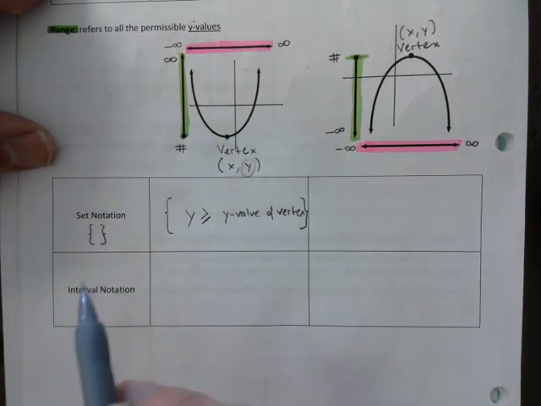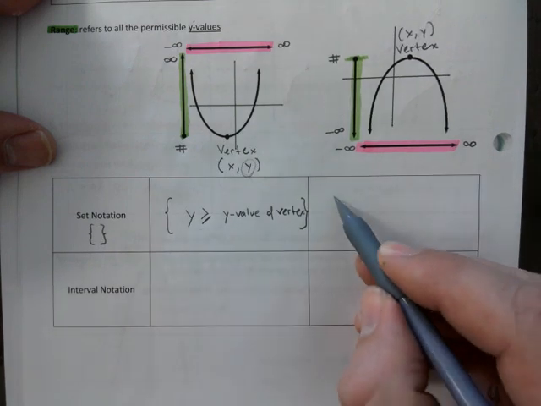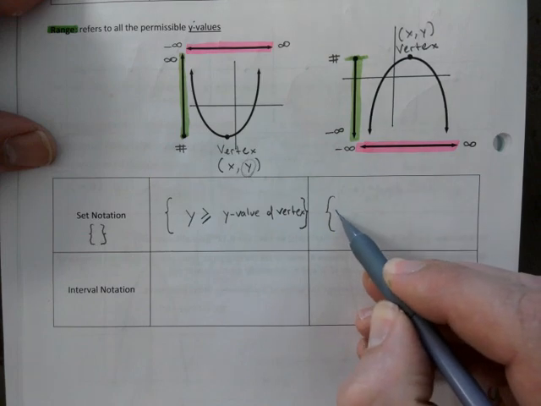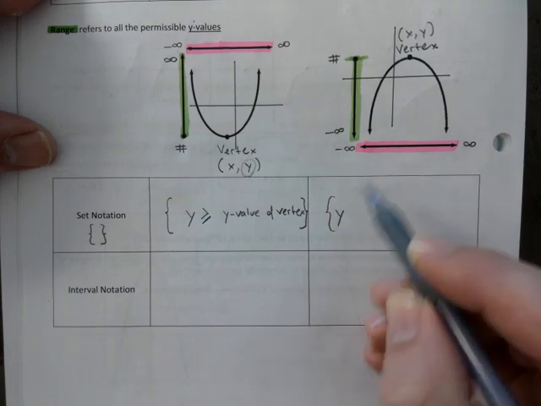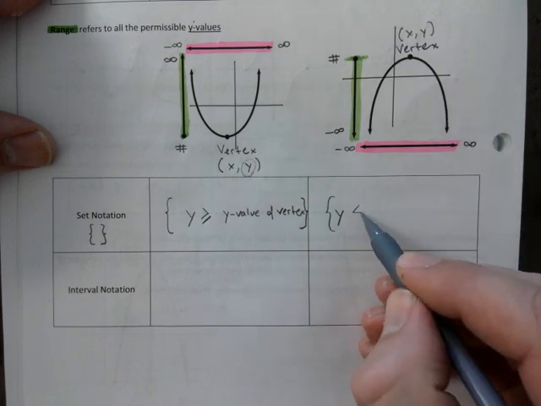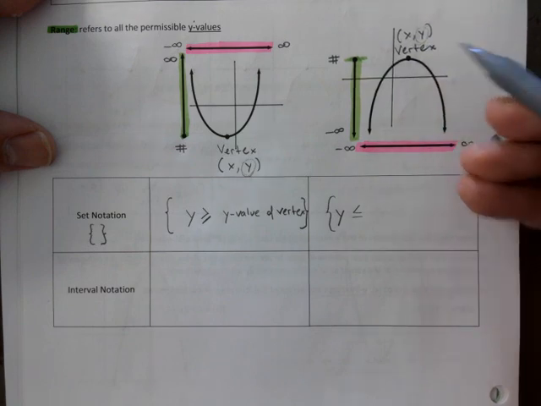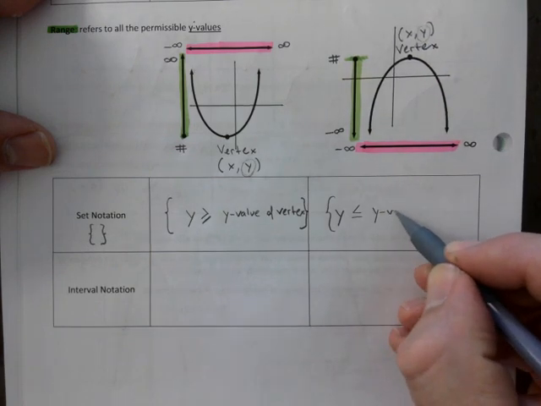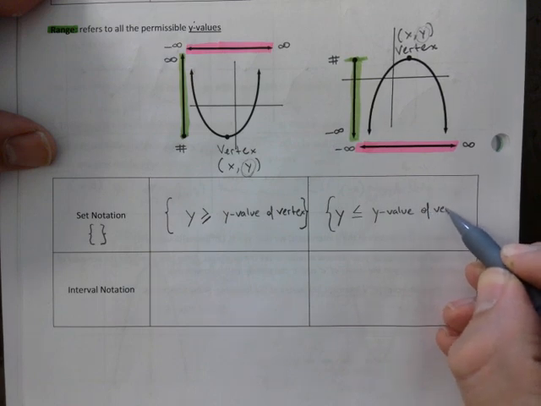Let's do the same thing for this scenario here. You go squiggly brackets, y. The y values are only applicable if they are less than or equal to this y value up here, so the y value of vertex.